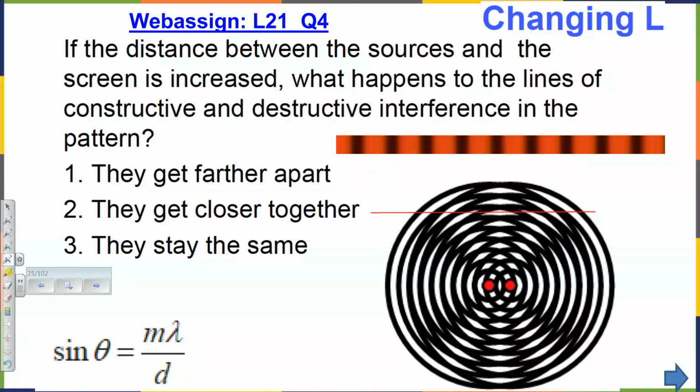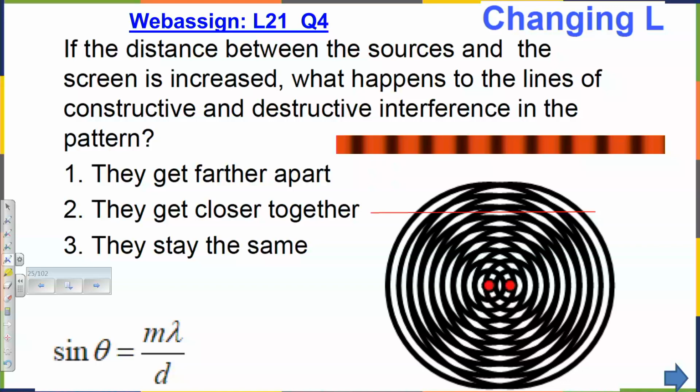Let's say we move the slits away from the screen, so we can do that. How would that affect the interference pattern? What would we see happening with those fringes?